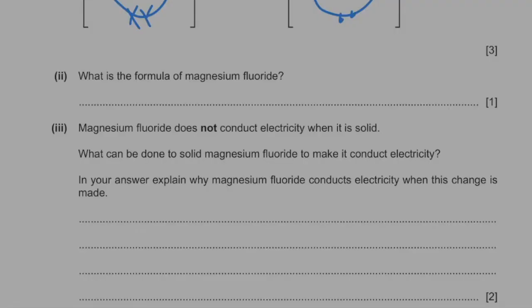Right. Once again, for the formula of a compound, we write the symbols of the elements followed by their valency. So magnesium has a valency of 2, followed by writing their charges.